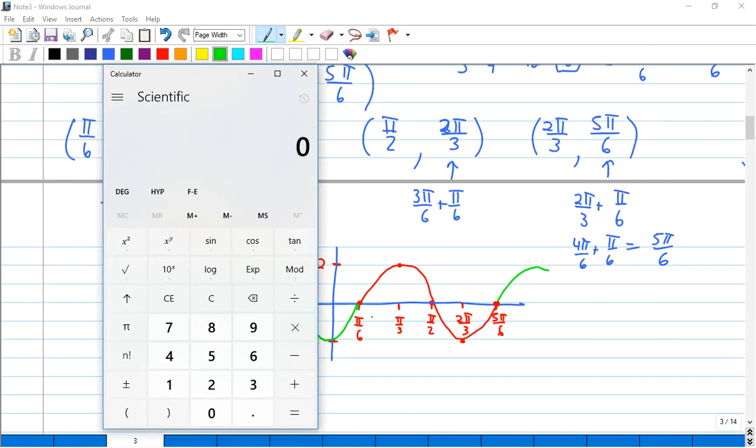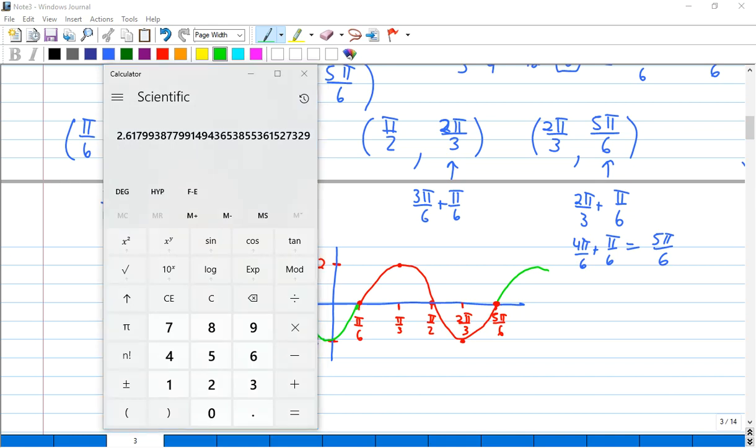All right, and so pi divided by 6, I told you earlier, is a little bit more than 0.5, a little bit more than 1/2. So that's our starting point. Let's see what our ending point's supposed to be. 5 pi divided by 6. So 5 times pi divided by 6. So we should end at a little bit more than 2.5.